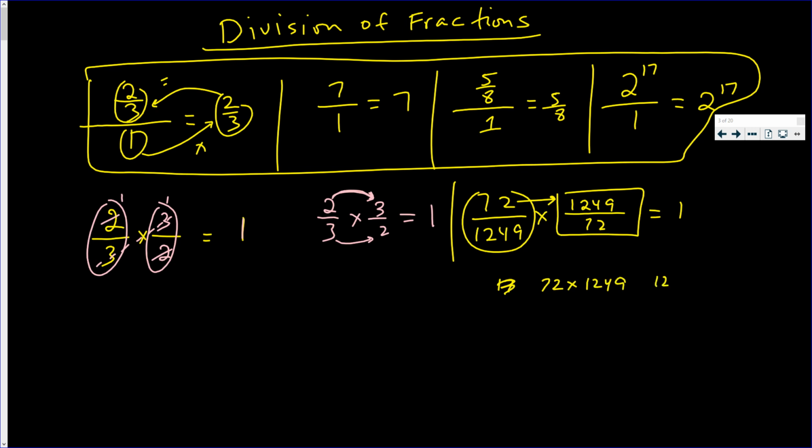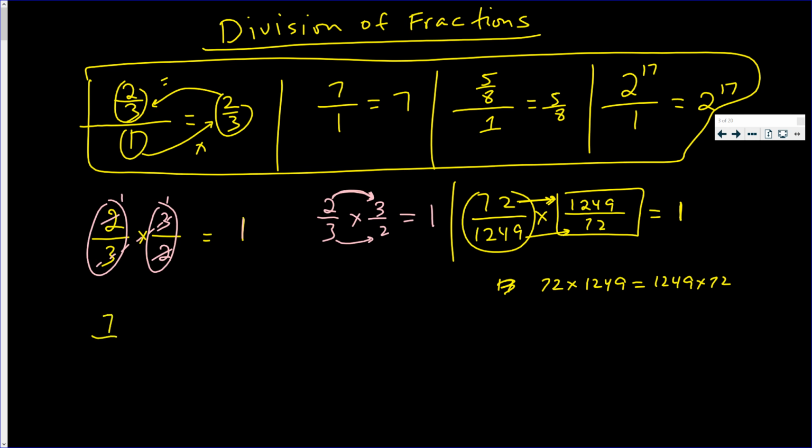The bottom is going to be 1249 times 72. But they're equal. When you multiply the two top numbers and the two bottom numbers, we may not know what we get, but we know the numerator and denominator will be the same. That means the fraction equals 1.